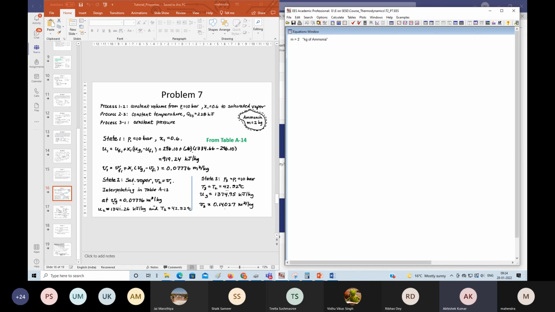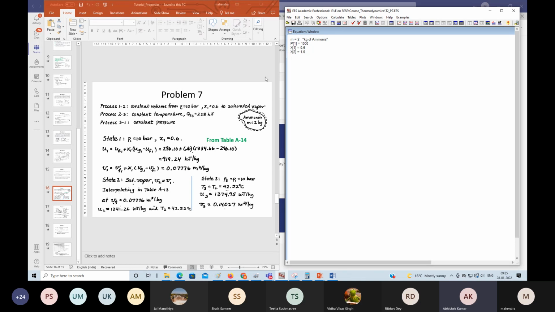Then how much P1 has been given? 10 bar. So this is 1000 kilopascal. Then they have given x1 equal to 0.6. Then here they have mentioned that it is reaching saturated vapor in process 1-2, so x2 equal to 1.0.